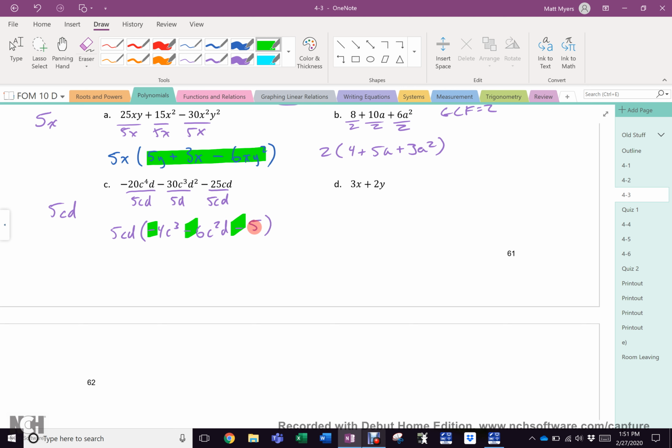So, math guys do not like negative 4, negative 6, and negative 5. Math guys don't like this negative. They don't want it there.